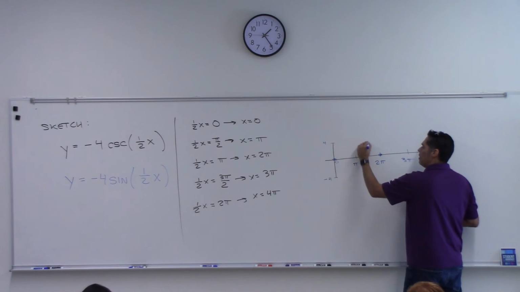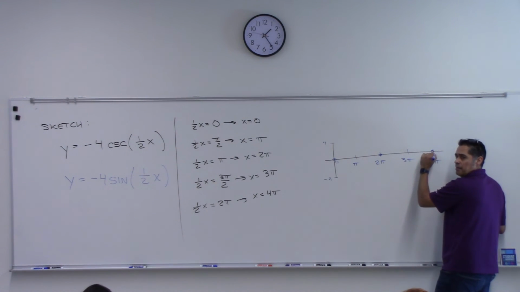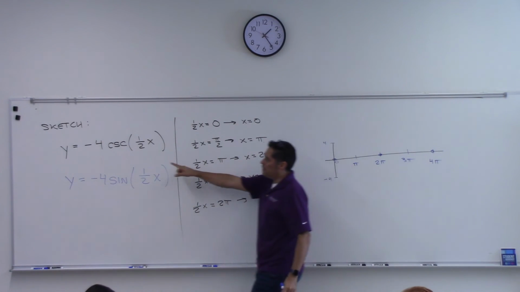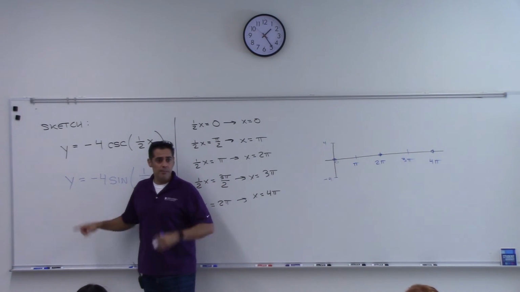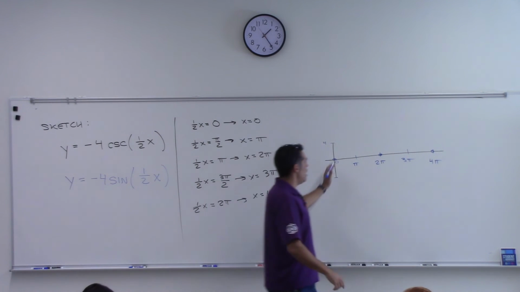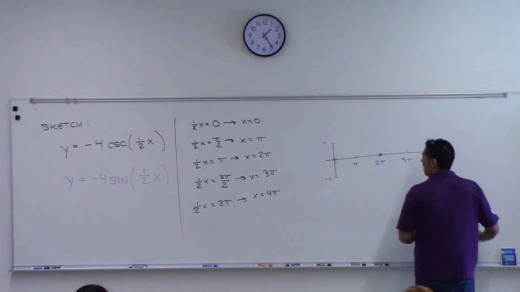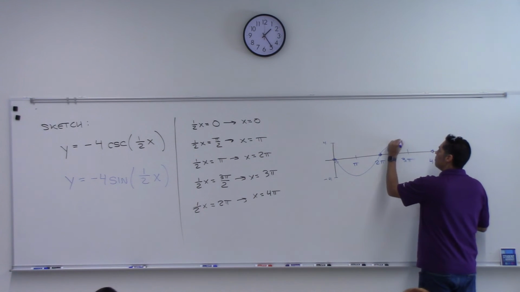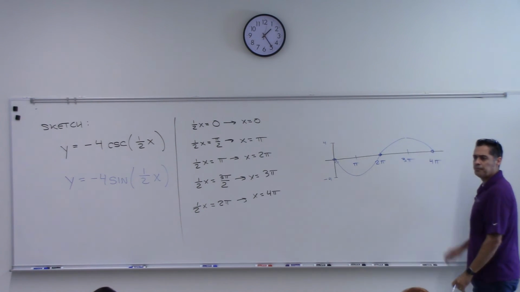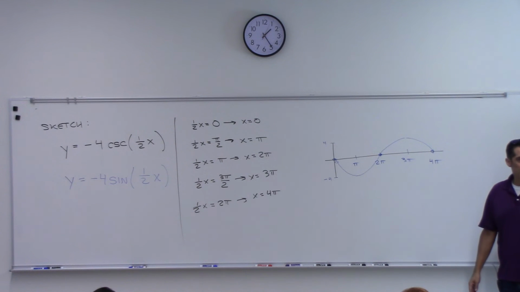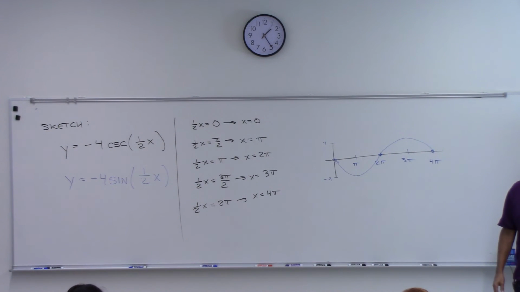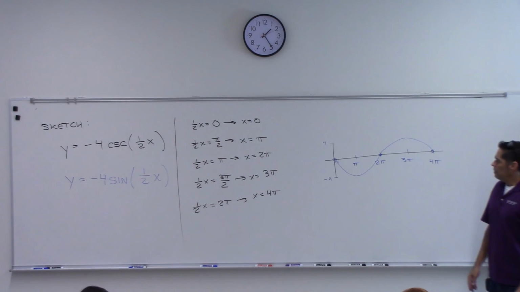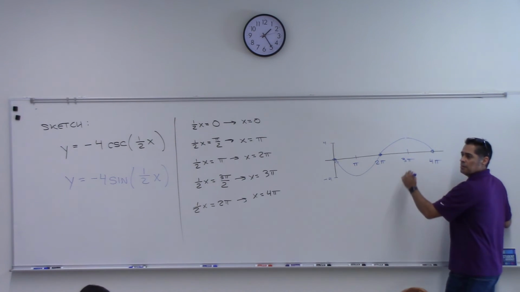Normally it would go up, and then down, and then back, right? But it's been flipped over, right? So instead of going up and down and up, I'm going to draw it down, up, and down like that. Right? That's the picture. Questions on this?